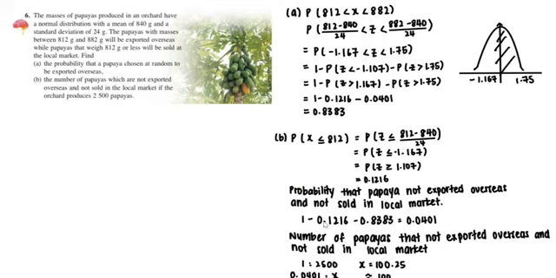So the probability that a papaya is not exported overseas and not sold in the local market can be found by 1 minus 0.1216 minus 0.8383, which is equal to 0.0401. The number of papayas not exported overseas and not sold in the local market can be found by multiplying 2500 and 0.0401.